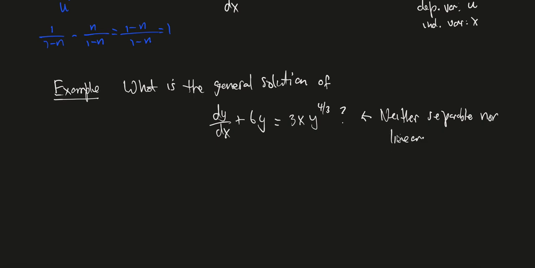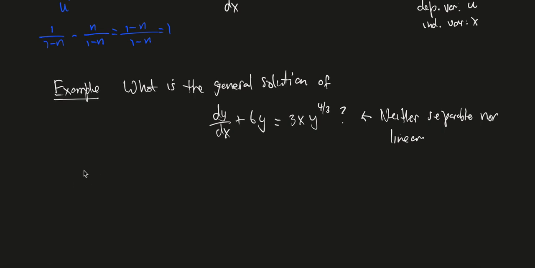It's Bernoulli, right? So we can't use separation of variables, and we can't use our integrating factor method at this stage, but what we can do is convert it into one that's linear.